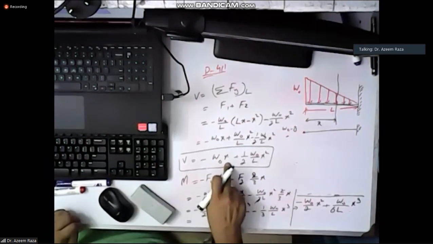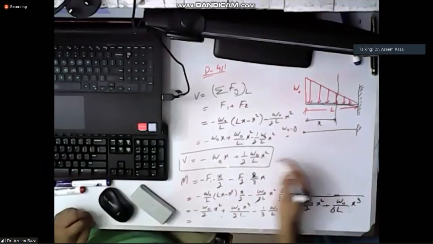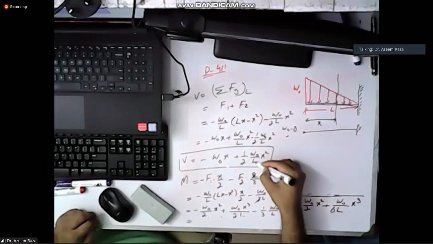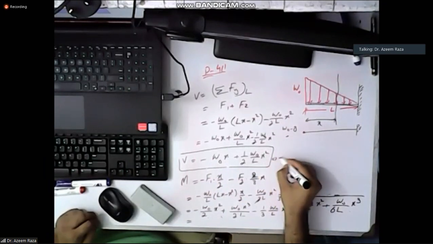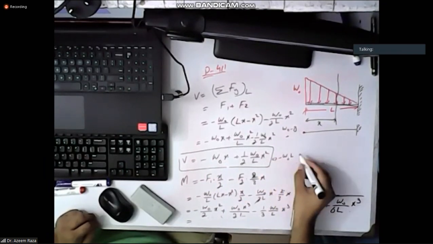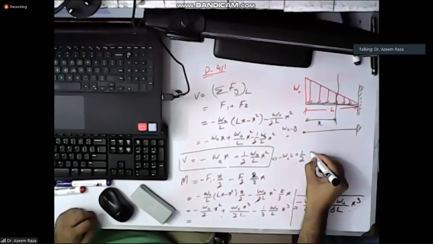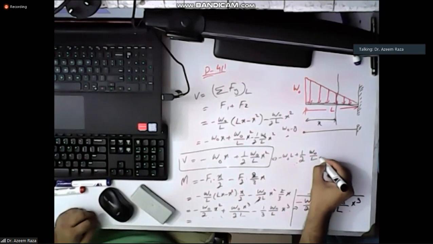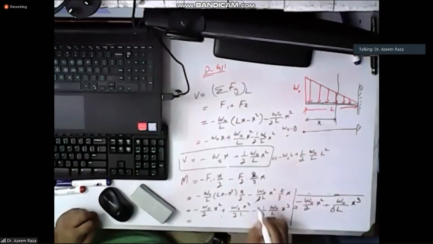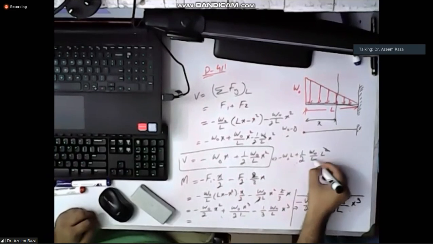When I put x equal to L, this will become minus W naught L and plus 1 over 2 W naught over L square. So this square would be cancelled with this.